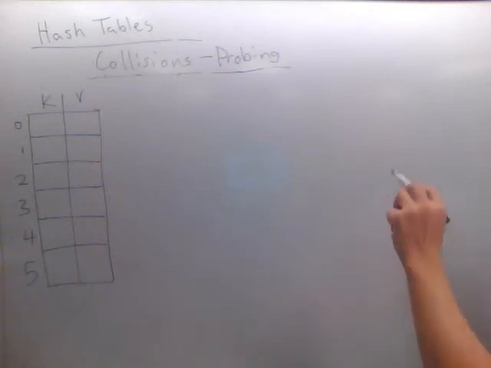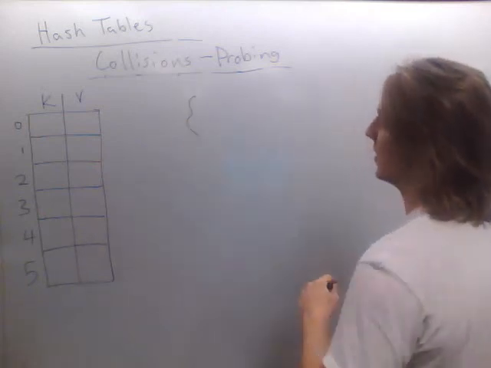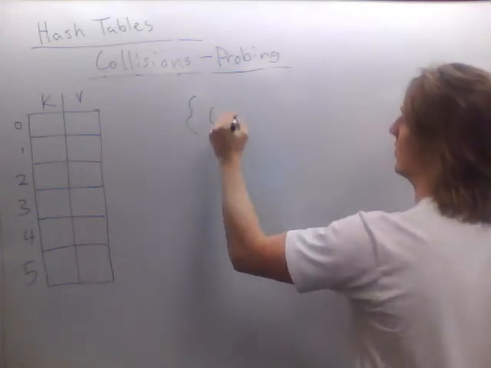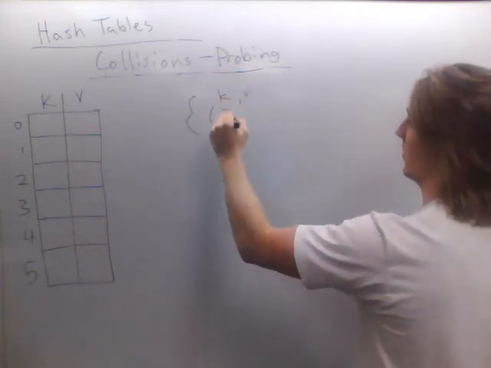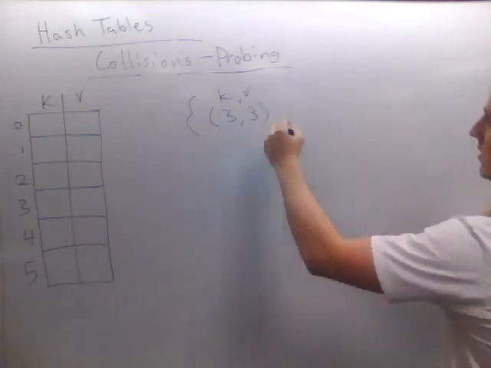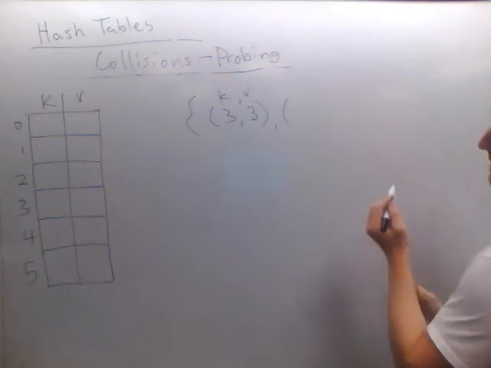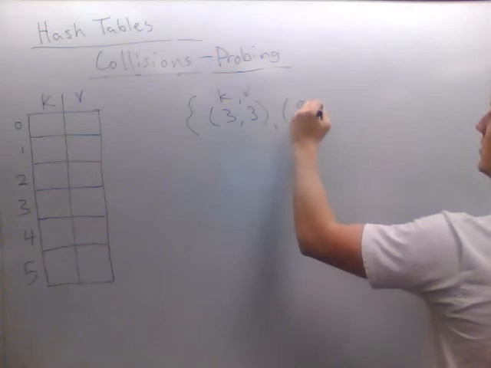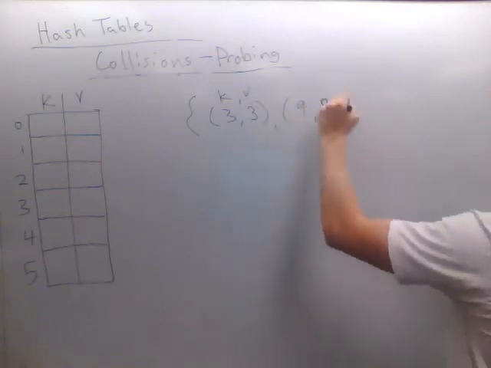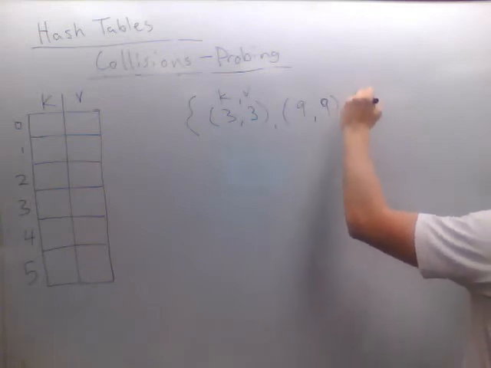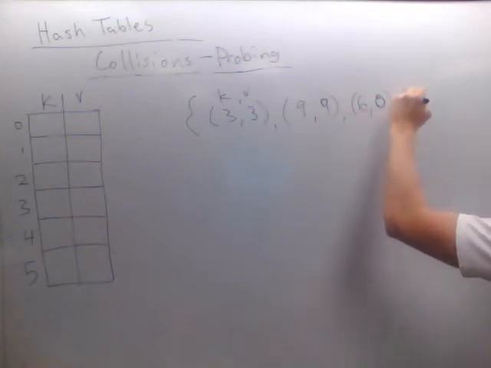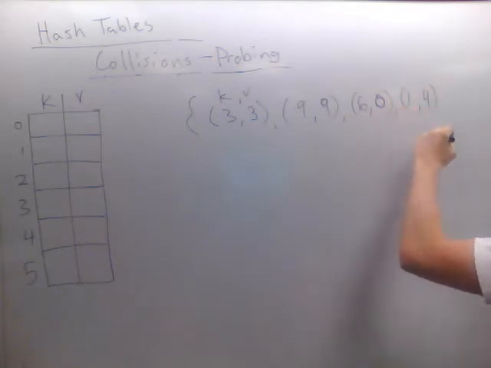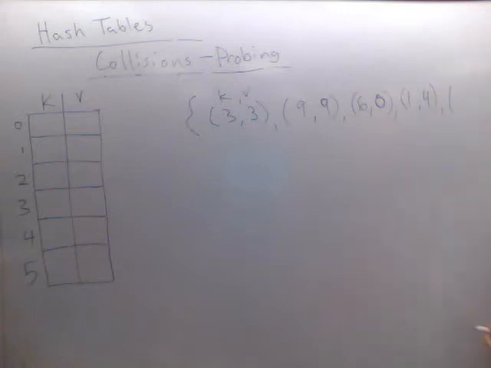If we have a hash table of integers and we are trying to insert the key value pairs, let's insert 3, 3, then 6, 9, then 6, 0, then 1, 4, and then 12, 8.